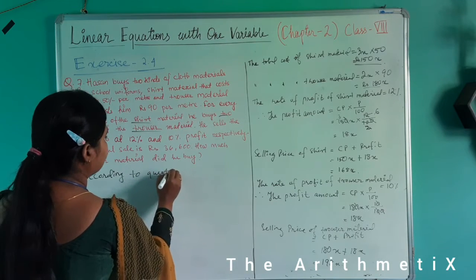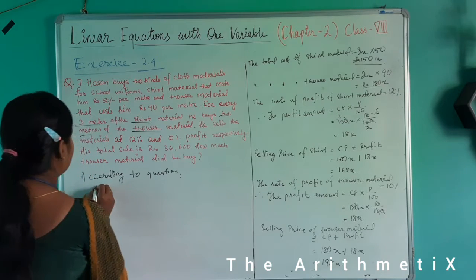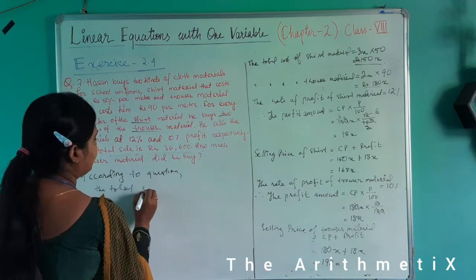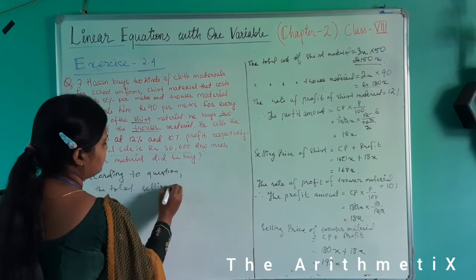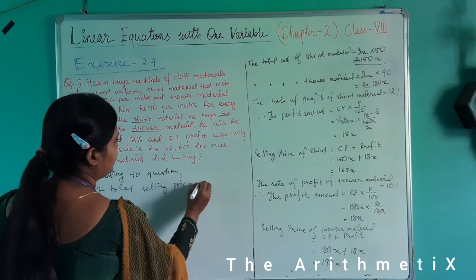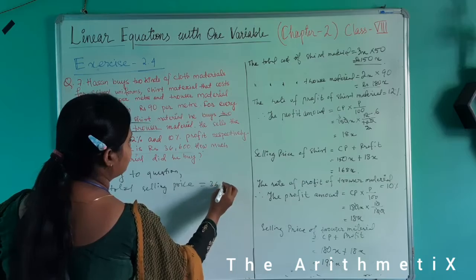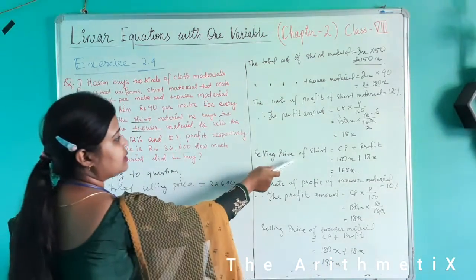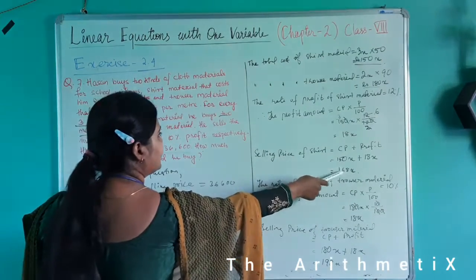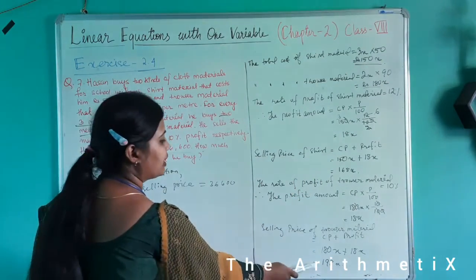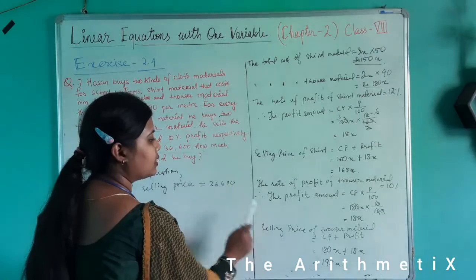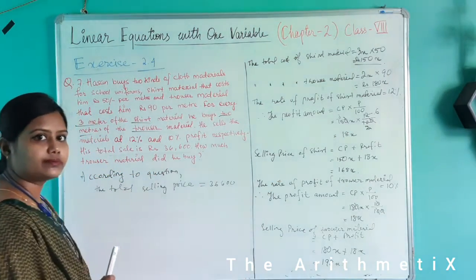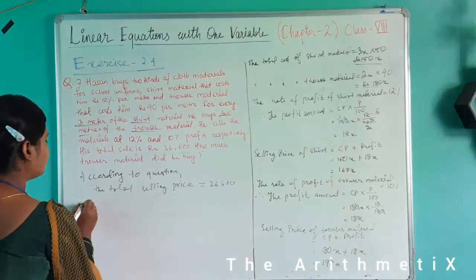According to the question, the total selling price equals 36,600. See, the individual selling price is 168x for shirt and 198x for trouser.